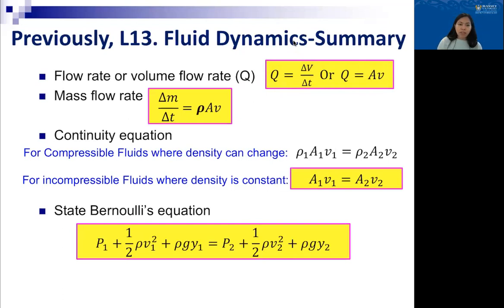speed of flow. And then we learned, related to fluid flow, that the amount of fluid that goes into a certain cross-sectional area should be the same amount of fluid that goes out of another cross-sectional area. And that's the idea behind the continuity equation, which relates how fast a fluid flows across different cross-sectional areas.